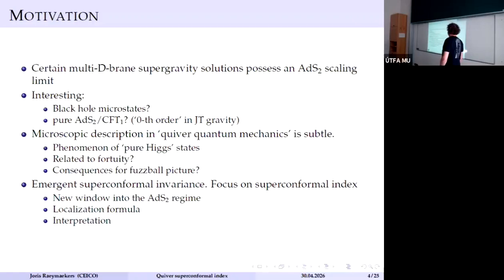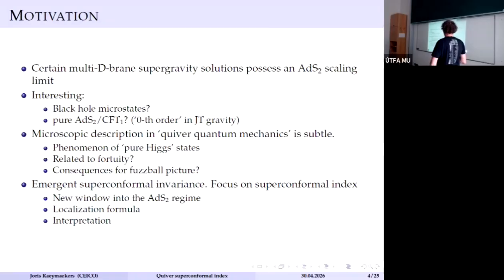So some motivation: there are supergravity solutions that represent multi-center systems that can sort of disappear down an AdS2 throat, in some kind of scaling limit. These are interesting because they look very much like black holes.